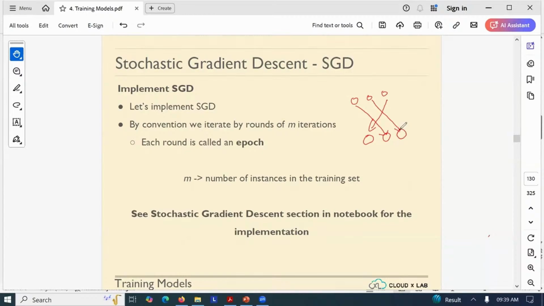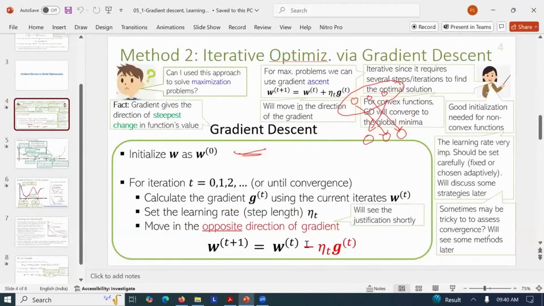This way we choose one data point at a time randomly. Let's say the data set has three data points, and once we have updated our equations over all training data points, that is called one epoch. Epoch means we have completed one round of updates, which means we have updated the model using all training examples.